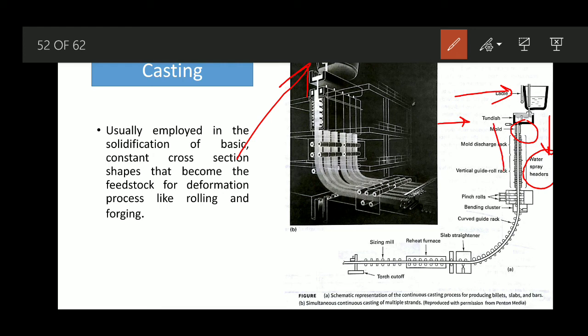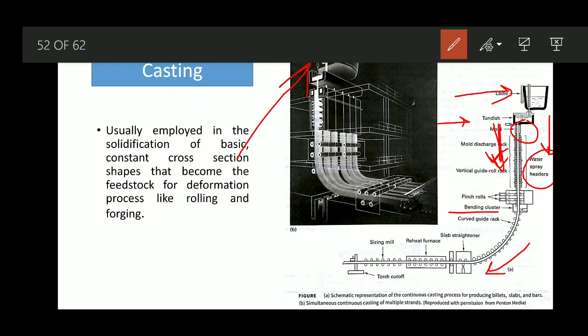Once it moves in this direction, it will be progressively solidified, and progressively we get the shape required. Then we have pinch rollers etc. to guide it, and a bending caster, if required for changing the direction.